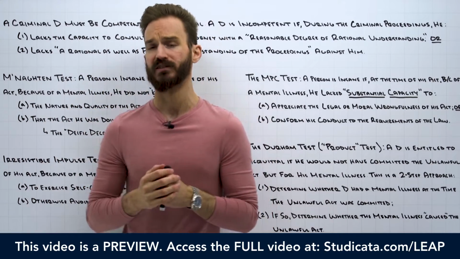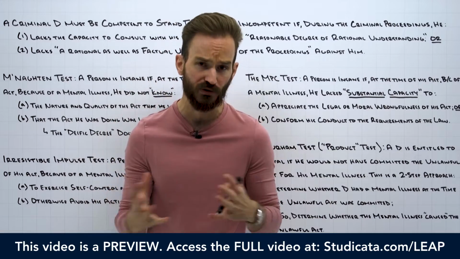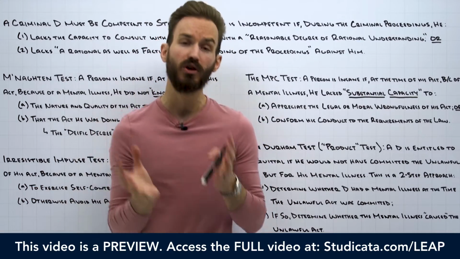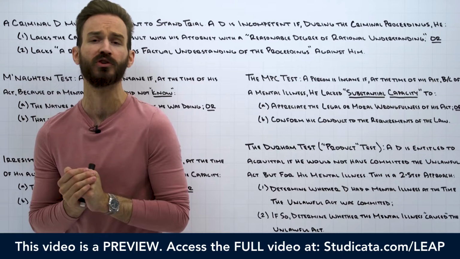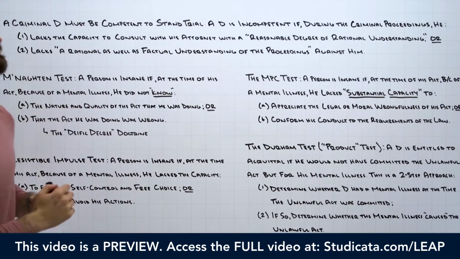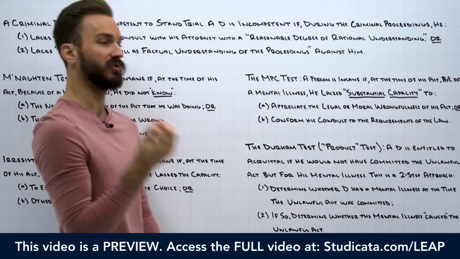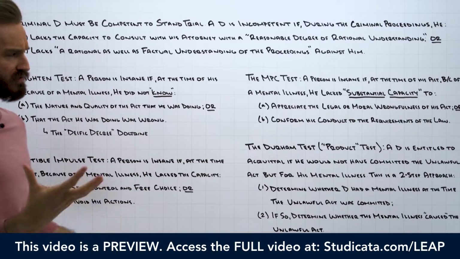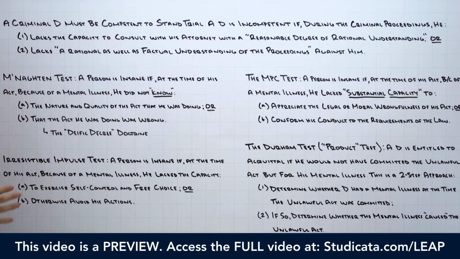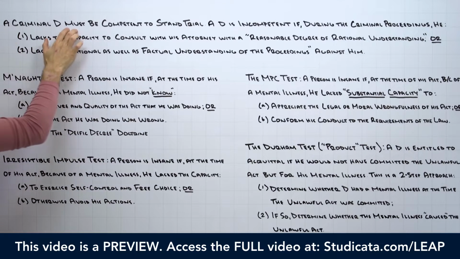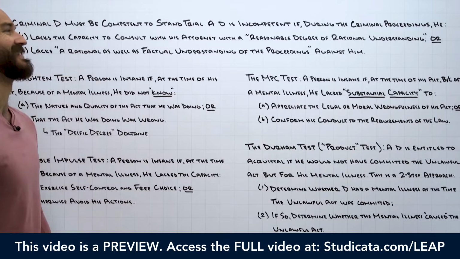An incompetent defendant is going to have issues, right, challenging his accusers or confronting his accusers. There's all kinds of issues from a due process perspective that we run into with having an incompetent criminal defendant stand trial. So we say pursuant to the Due Process Clause of the United States Constitution, a criminal defendant must be competent to stand trial.